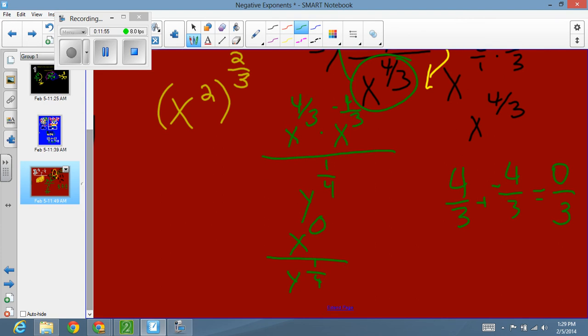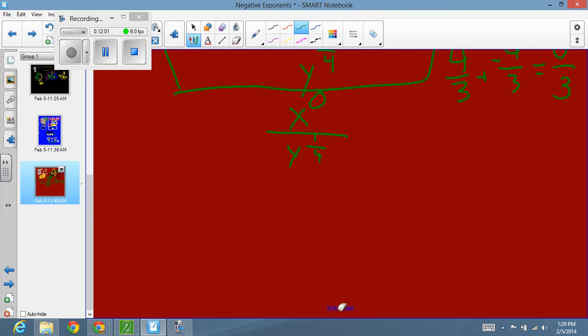Well, this is a tricky little thing to remember here. Let me kind of box this off here. It's a tricky little thing to remember, but anything to the 0 power, like we have here, is just equal to 1. Okay, anything to the 0 power is equal to 1. So really this ends up being 1 over y to the 1/4 power.